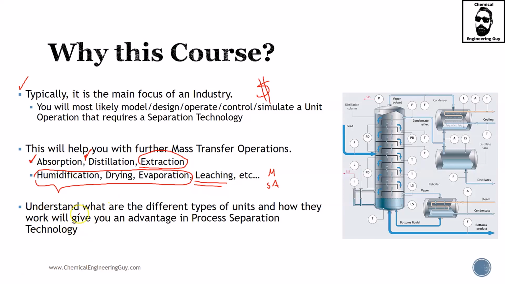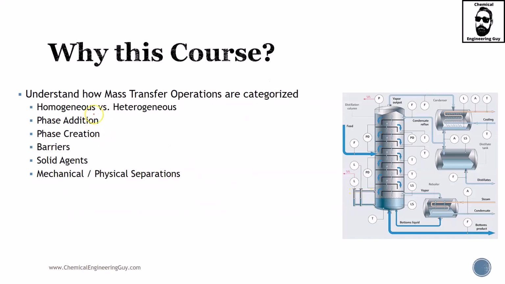I also created this course so you can understand what the different types of unit operations are, how they work, and why they are present in the process separation technology world. More importantly, this is for you to visualize it in your head. There are several ways in which you can categorize or classify the unit operations.